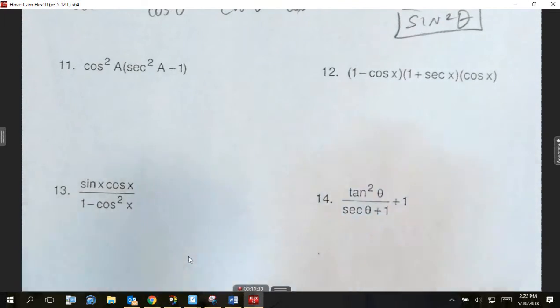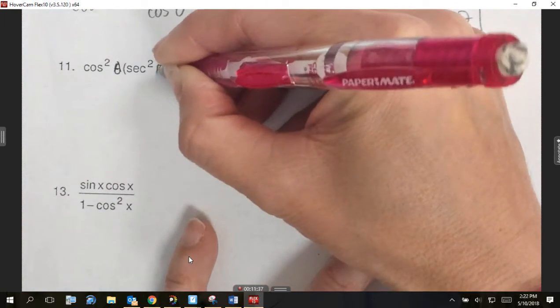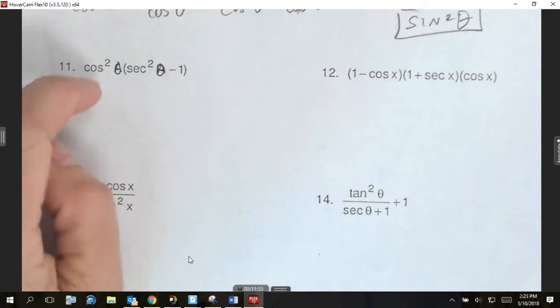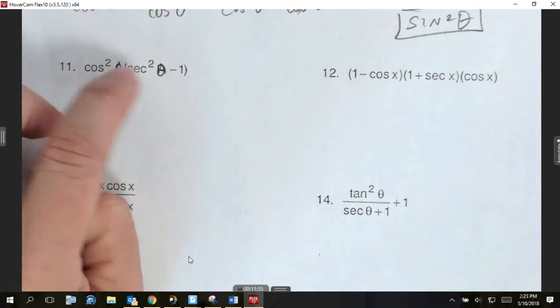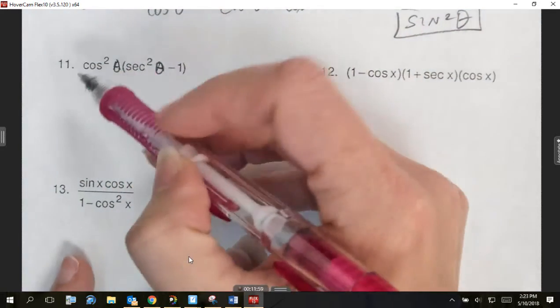Okay, number 11, the A is just like theta. If it bothers you, just change it. Kind of bothers me. Number 11, cosine squared theta multiplied by secant squared theta minus 1. Actually, cosine and secant, what do I know about those? They're reciprocals, so if I multiply them, what's going to happen?